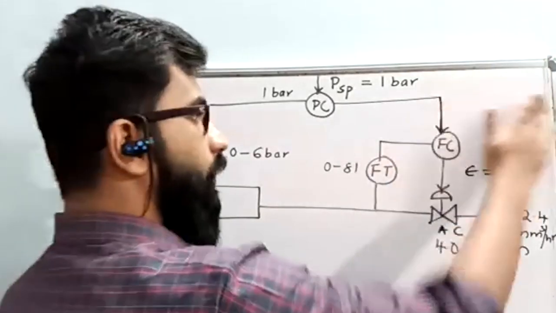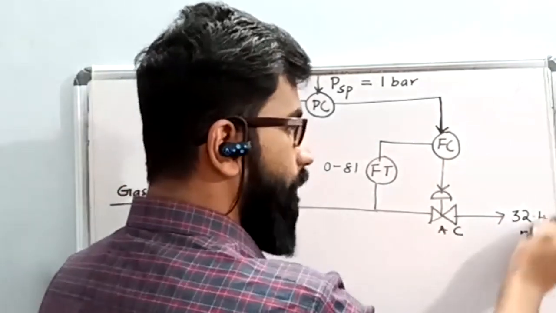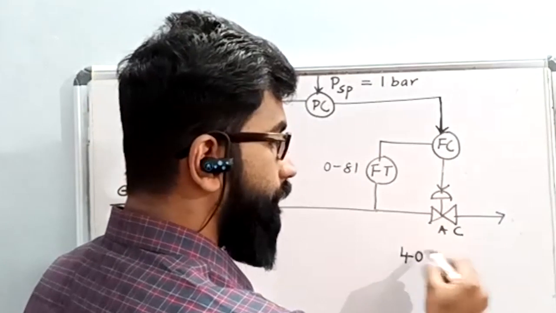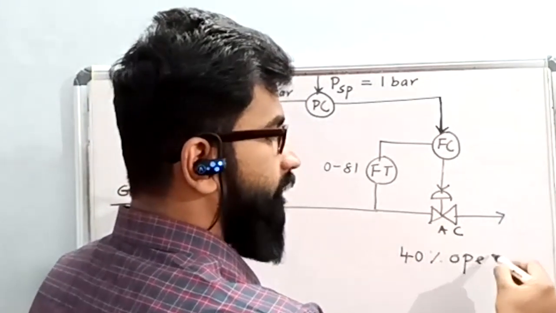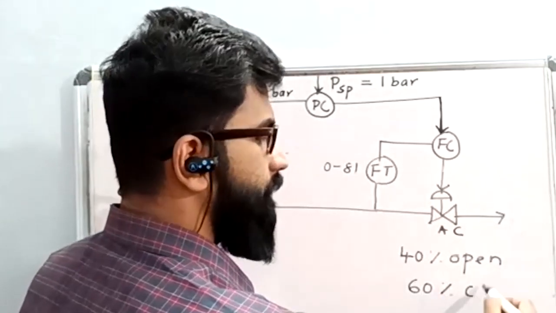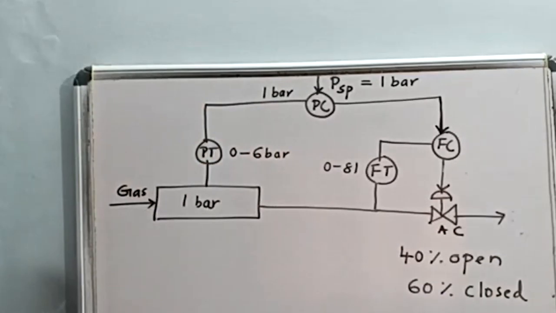So when the error is 0, your valve is 40% open. 40% open means 60% closed, no doubt.